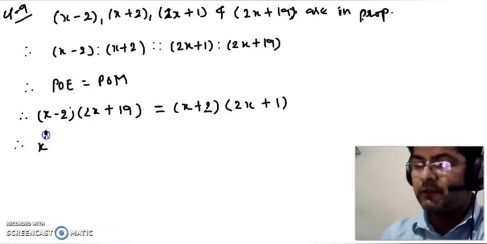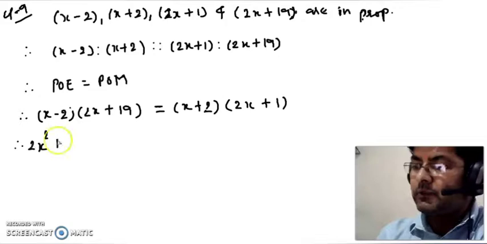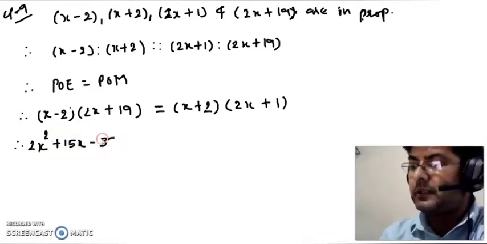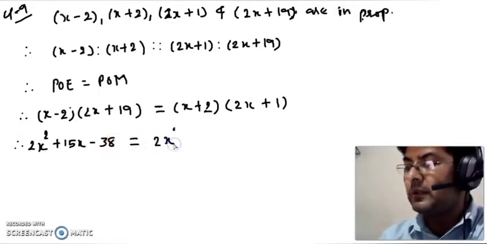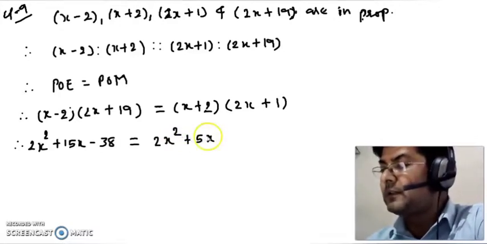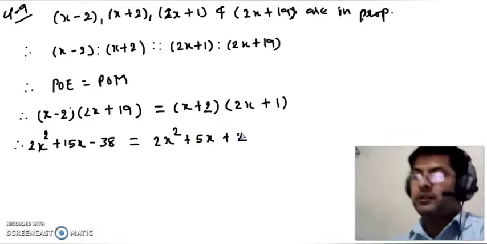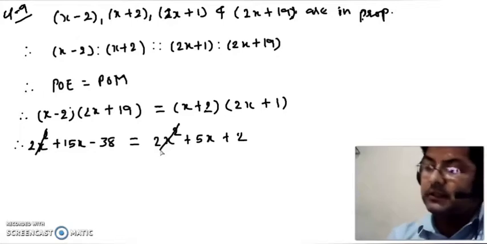Now let us multiply and simplify. Therefore we have 2x square, plus 19 minus 4 will be 15x, minus 19 twos are 38, is equal to again 2x square, plus x plus 4x will be 5x, plus 2. Now the 2x square like terms on both sides will get cancelled. Now let us simplify.